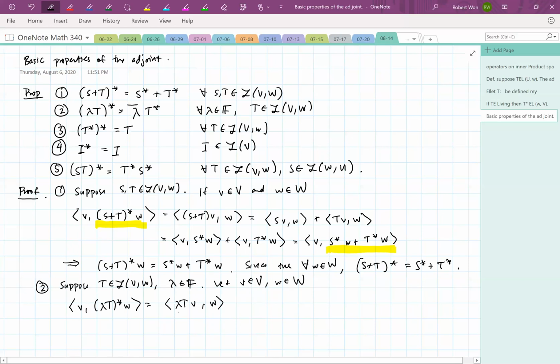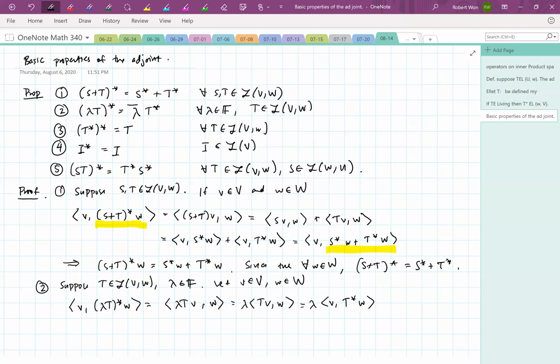Okay, now this lambda, since it's in the first slot of the inner product, you can just pull it out as a scalar. Now you use the property of the adjoint to swap where the T is. So this is v, T star w. And now the thing is, I want to push the lambda into the second coordinate of the inner product, but you can't just push a scalar into the second coordinate.